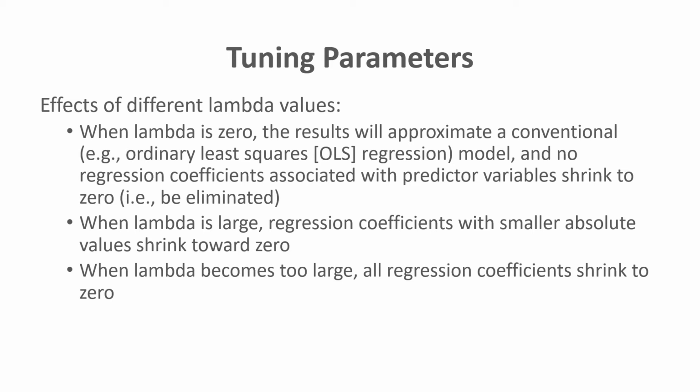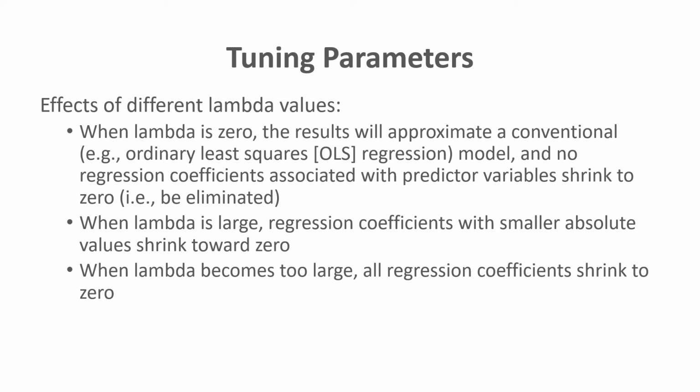So again, this is why it will reflect a conventional regression model or a traditional regression model, however you'd like to call it. Now, when that value is large, the regression coefficients with smaller absolute values will tend to shrink towards 0. So they're going to be pulled towards 0. And when lambda becomes too large, all those regression coefficients or parameter estimates are going to shrink towards 0.